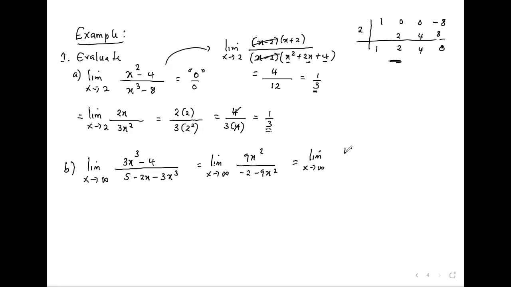You get 18x over minus 18x. You can now divide. You get the limit as x goes to infinity of minus 1, which is equal to minus 1.